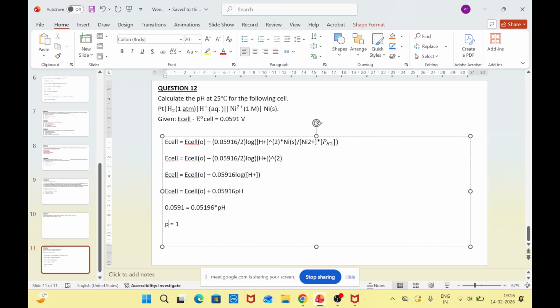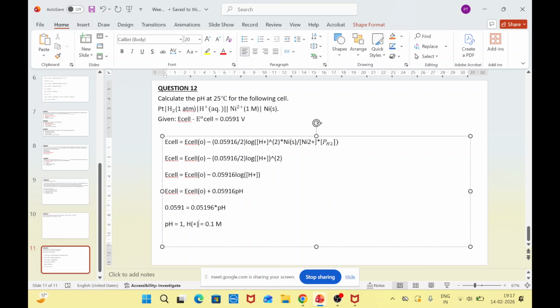So if I ask what will be the concentration of H+ ions, then the value is going to be 0.1 molar, because pH is minus log 10 [H+], so 1 equals minus log 10 [H+].